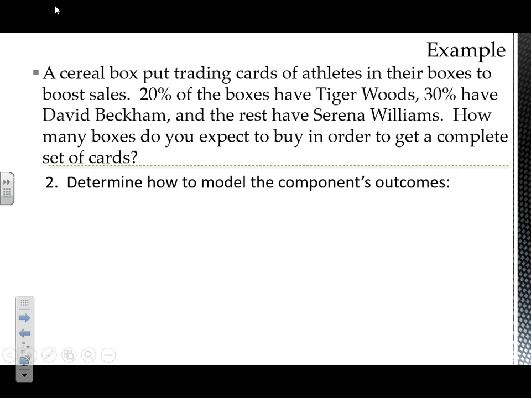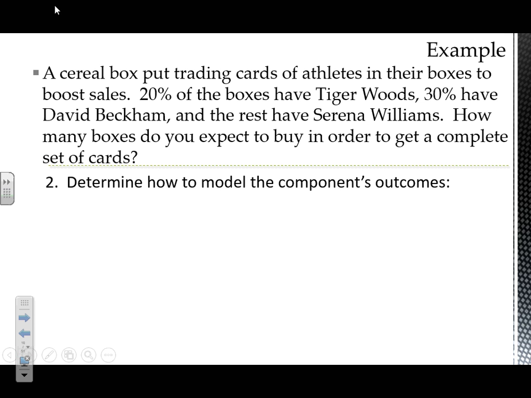So if we have 10 digits, let's say 0 to 9, right? If I make 2 of those digits represent Tiger Woods, that means if I'm randomly generating numbers, I have a 20% chance of getting those 2 digits, right? And then if I make 3 of those digits David Beckham, then as I generate random numbers, I have a 30% chance at any given time that that number comes up.